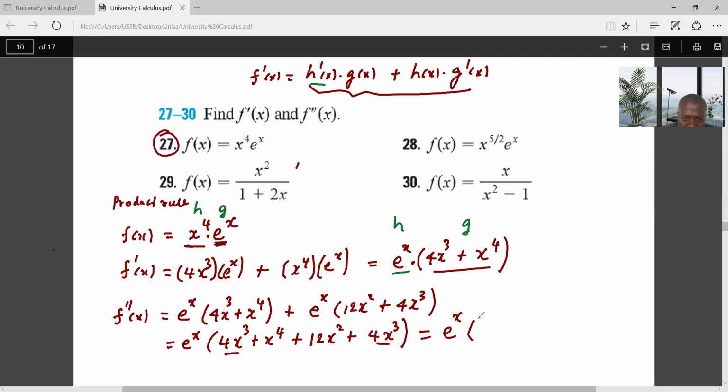We start with x to the power 4 plus 8x cubic plus the last one, 12x squared. This is the second derivative, but by using the product rule. Very important. You can also try this on your own. 28.